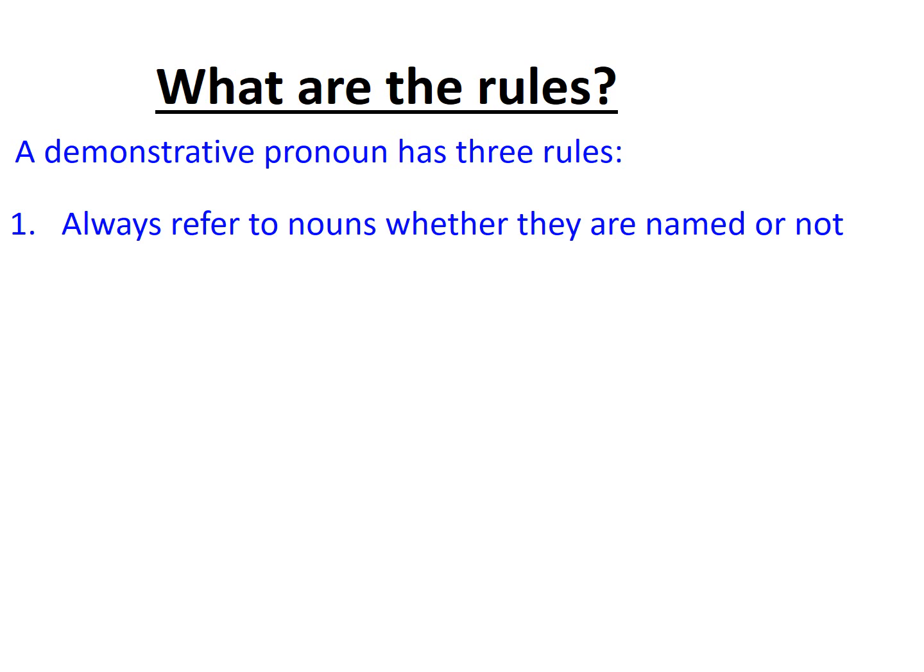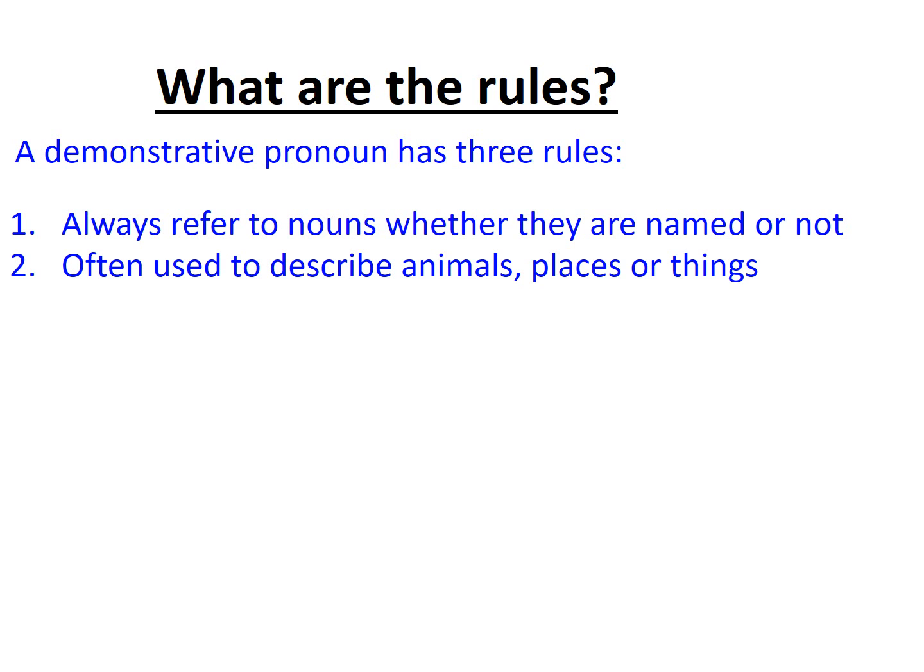It's often used to describe animals, places, or things, but as we've already understood from my examples, it can also be used to consider people. They stand alone, oftentimes without the noun there at all, because a pronoun, as you should remember, it replaces the noun.